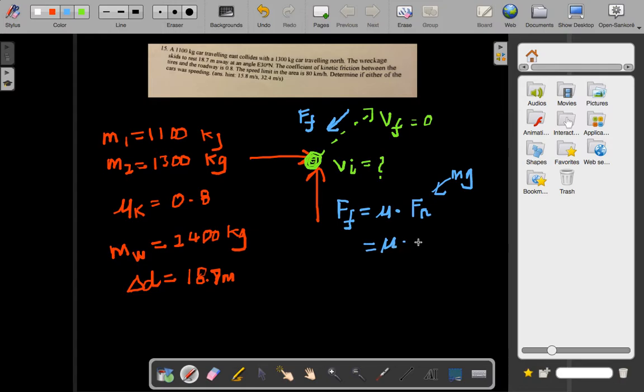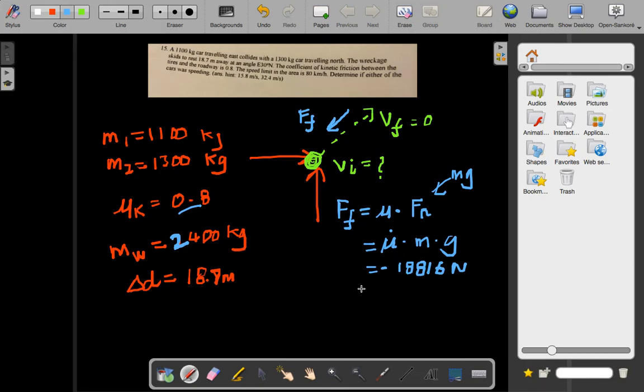So if I substitute mu for 0.8, mass for the mass of the wreckage, 2400, and negative 9.8 for gravity, I would get negative 18,816 newtons. I've done the calculation beforehand just to save a little bit of time, so that's where these numbers are coming from.